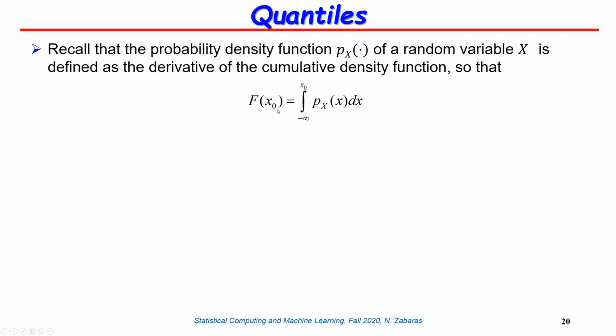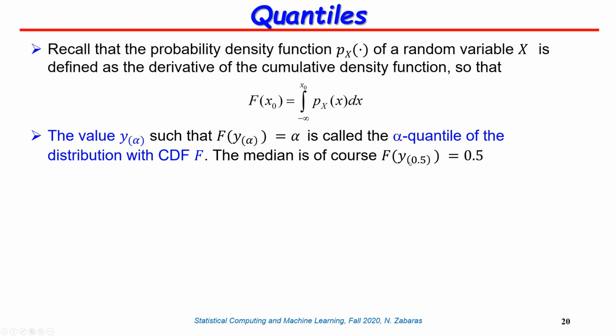So I remind you the CDF, computed at any point, is given by the integral of the PDF from minus infinity to that point. Let me define what is called the alpha quantile of a distribution that has a CDF capital F. The alpha quantile is the location y of alpha. I'm indicating this location with alpha so I can call it an alpha quantile. So it's the location y of alpha where the CDF is equal to alpha.